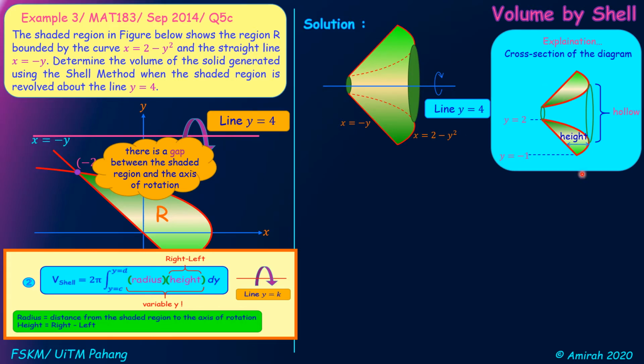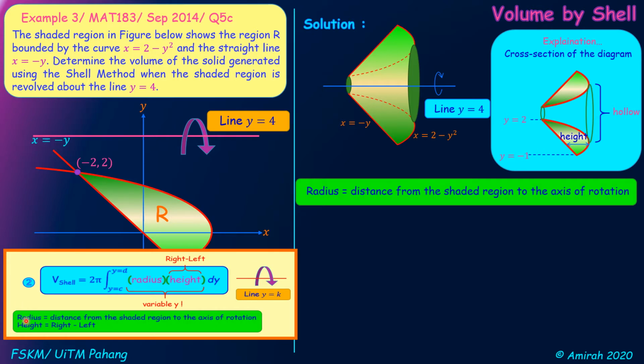So our diagram will have a hollow here, which means we cannot use the disc method to find the volume. This is the diagram from outside, and the dotted line here means inside we have a hollow.